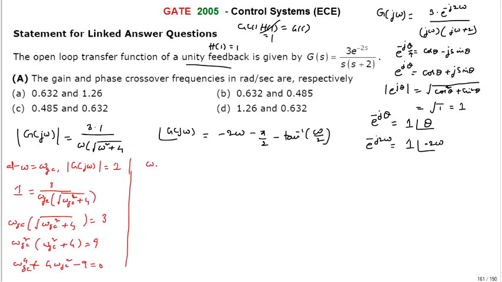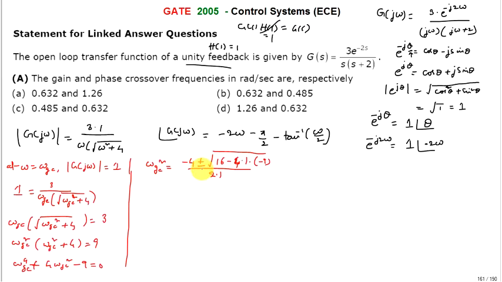Then you can write it as omega gc square is equal to minus b, that is 4, plus or minus under root of b square minus 4ac, c means minus 9, divided by 2a, 2 into 1.